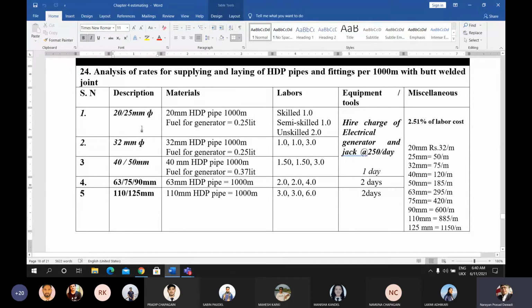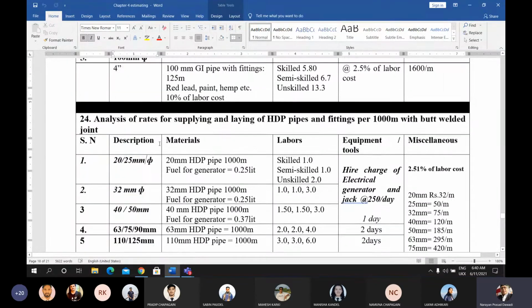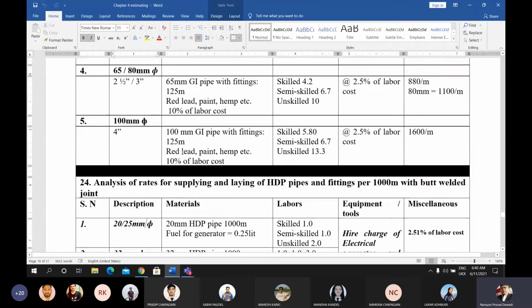That's why 25 is considered a 1 inch pipe, and 20 is a 3 by 4 inch pipe. 32 is a 1 and 1 by 4 inch pipe. In this way, 50 is a 2 inch pipe. You can understand this.